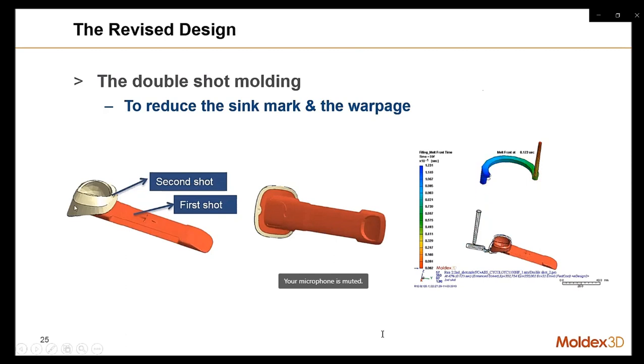And because the thickness variation on the second shot is very low, we can get a better surface quality on the second shot. So we can see here is the animation of this two-shot design. The red area is the first shot, and we try to inject the head area by using the second shot.